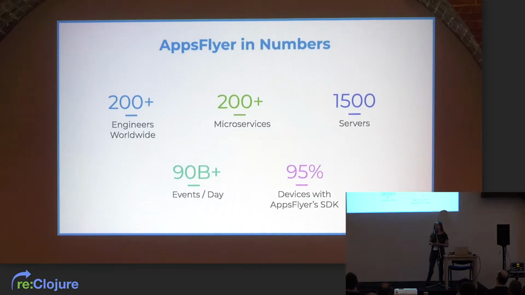We process, and look at this, more than 90 billion events per day, which is huge, and our scale is just getting bigger and bigger. Our SDK that I mentioned before is integrated in more than 95% of the devices around the world, on all kinds of operating systems. So probably all of your devices somehow contain our SDK.